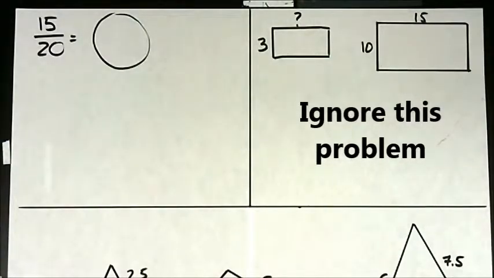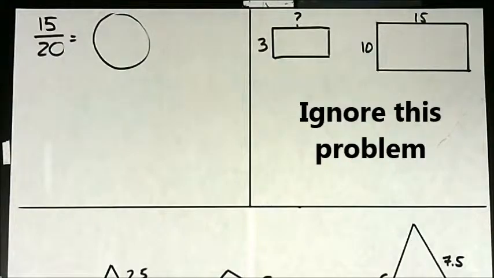One thing you can do is reduce this. I can reduce this easily by dividing both sides by 5. 15 divided by 5 is 3. 20 divided by 5 is 4. So 3 over 4 would work. I can also increase this. I can double both top and bottom. 15 times 2 is 30. 20 times 2 is 40. So I can write 30 over 40. You can even go into decimals, divide both sides by 2, 7.5 over 10.